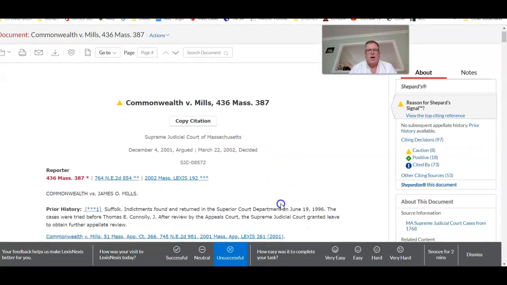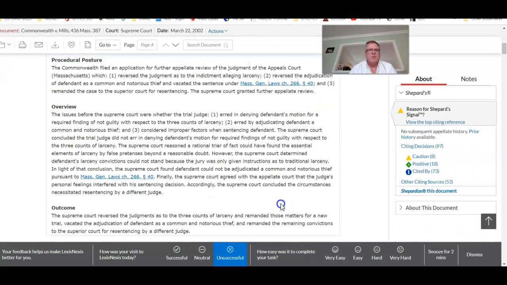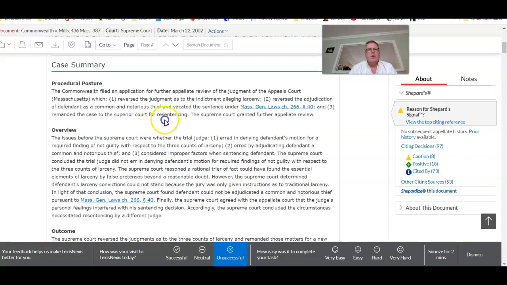Okay, and if we read this decision, it says, the Commonwealth filed an application for further appellate review of the judgment of the Appeals Court of Massachusetts, which reversed the judgment as to the indictment of larceny, reversed the adjudication of the defendant as to common and notorious thief, and vacated the sentence under Mass General Laws, and remanded the case to the Superior Court for resentencing.